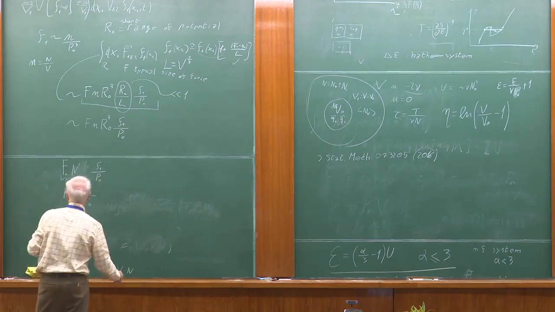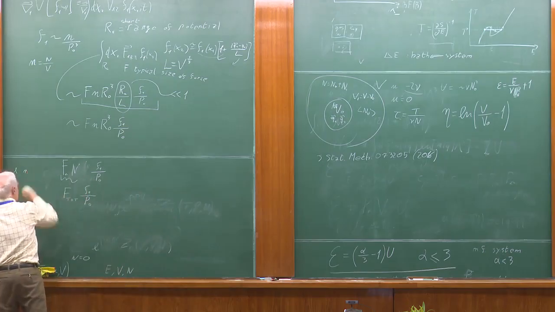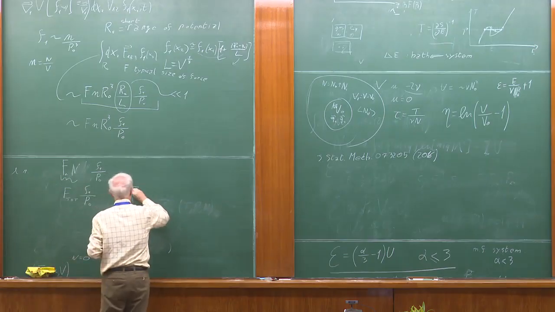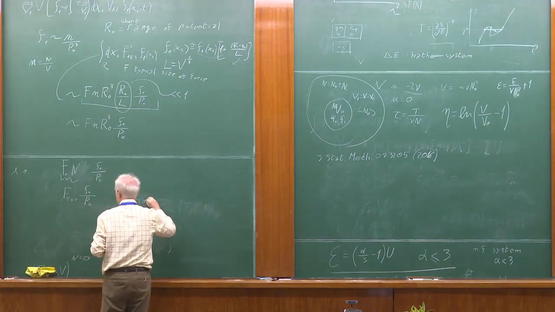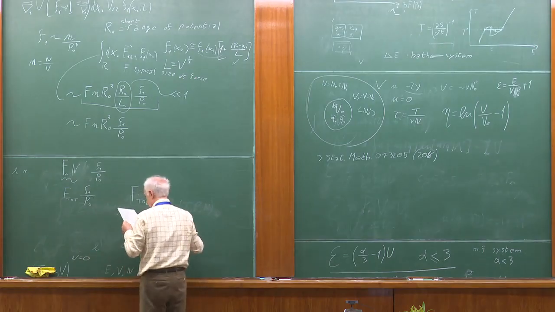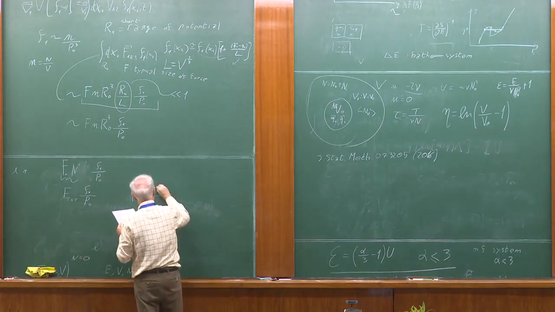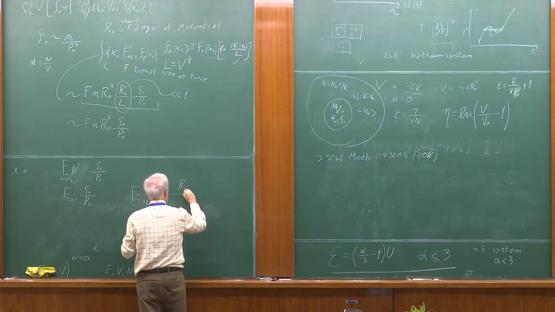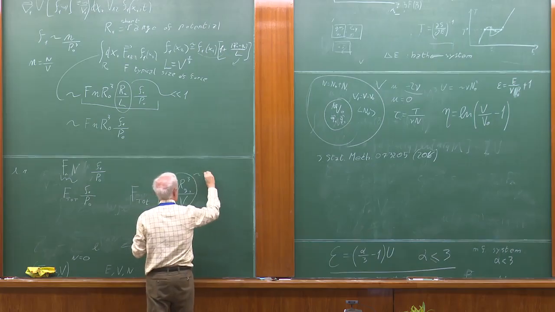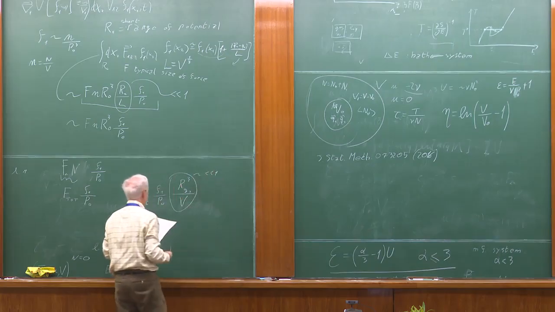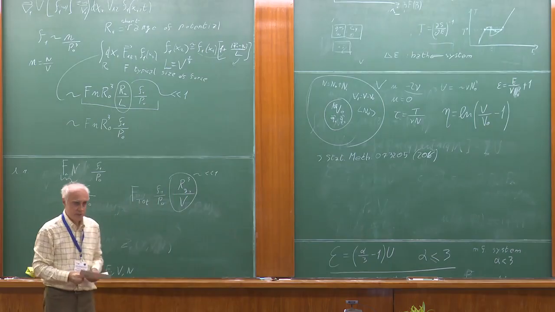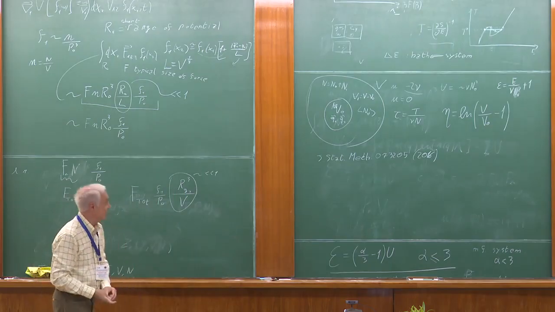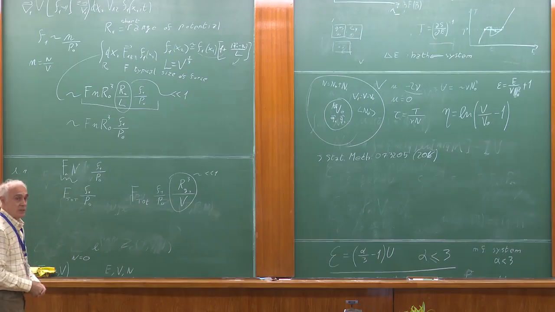So instead of this, what you will get, let's call this the range of G2. So now you see the situation is reversed for a long-range system. Now the collisional term is much smaller than the mean field term.